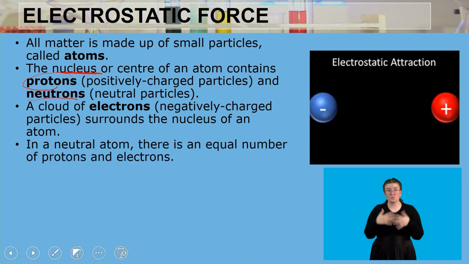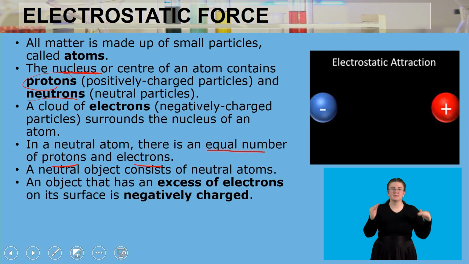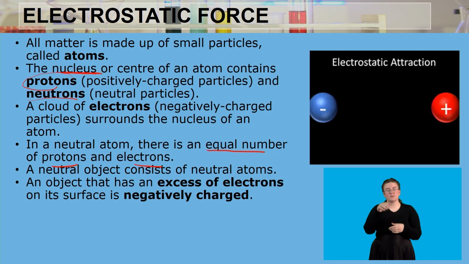So in a neutral atom, we know that there should always be an equal number of protons and electrons. So a neutral object consists of neutral atoms. And remember, neutral atoms consist of an equal number of protons and electrons.